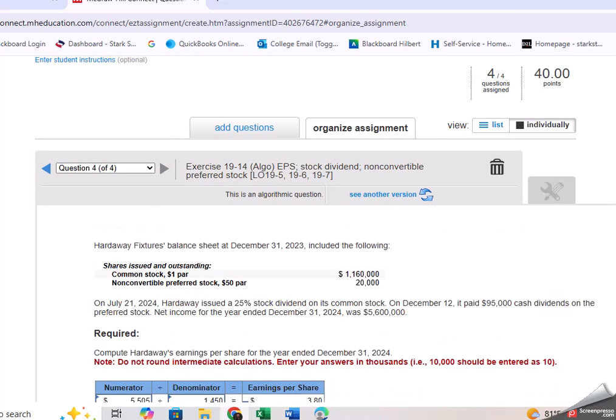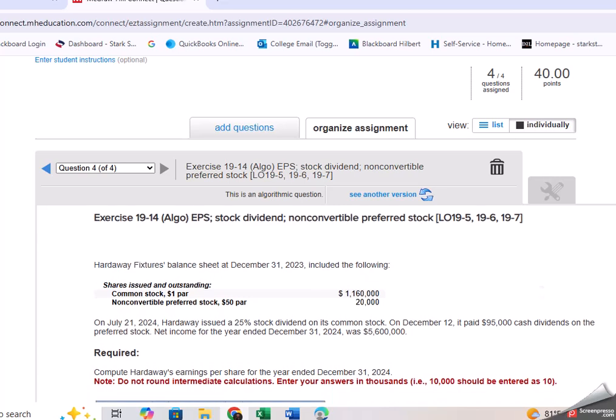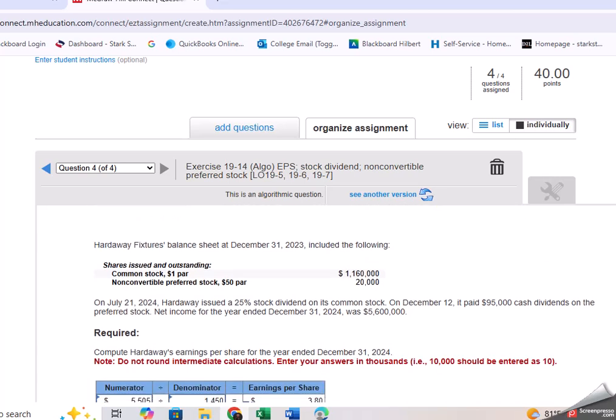Okay, then our last one, we have a diluted earnings per share. Now, again, look back through the PowerPoint because you could have a variety of different things. Always remember, our basic earnings per share is going to be our net income that is distributable to the common stockholders. So that's our net income less our preferred dividends divided by our weighted average shares outstanding.